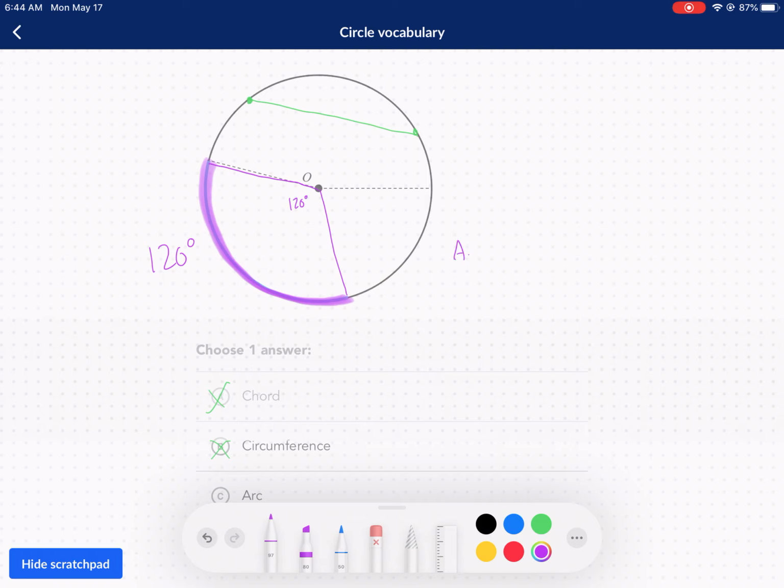An arc length is theta, this angle right here, your arc measure, times 2 times pi times r divided by 360, okay? Basically, this is our portion of the circle. In this case, 120 divided by 360 is 1/3. So this is 1/3 of the entire circumference. And then we multiply it by the circumference to find it.